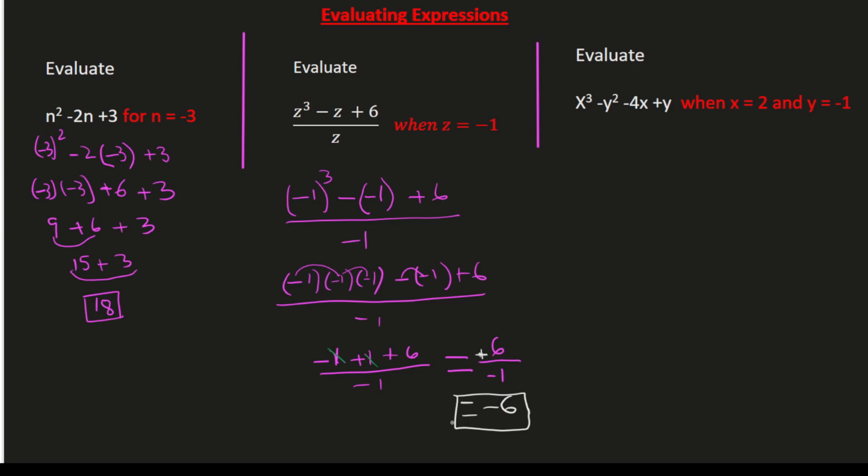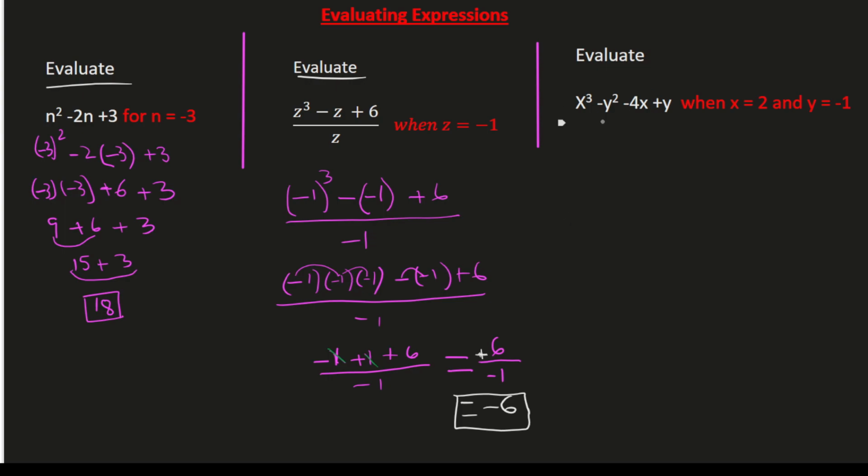The value is equal to negative 6, because they want you to evaluate. To evaluate is to give a value to the expression when the variable is equal to a number. This number could be positive or negative as well. It could be 0 as well. In this case it is negative 3. In this case over here it is z equal to negative 1. And the value is negative 6.